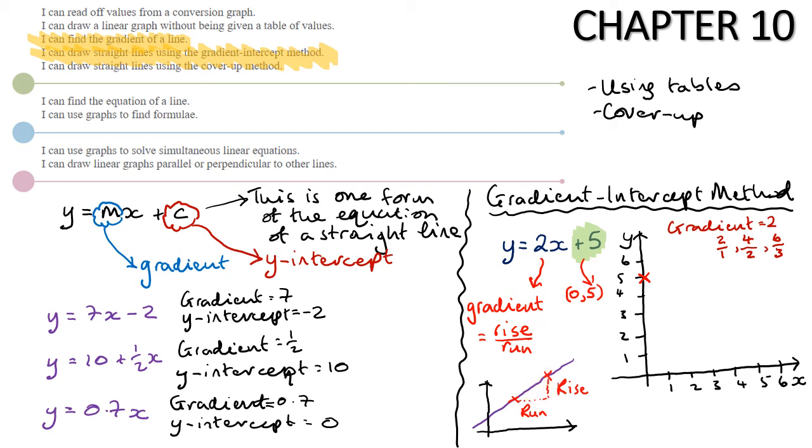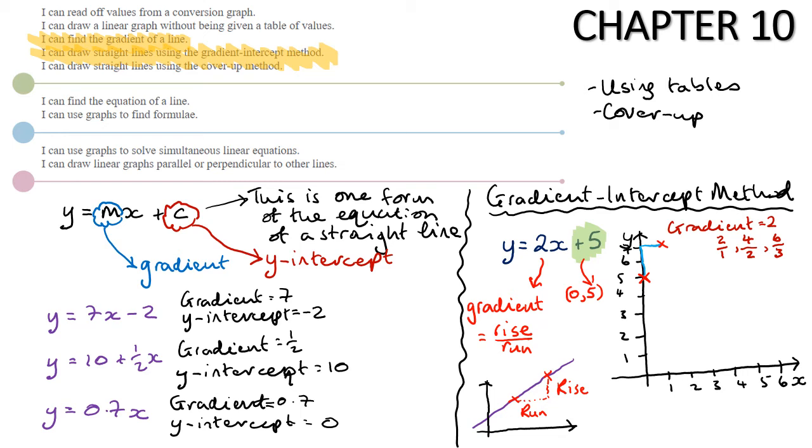That does mean I need to add another number here. So let's put 7 here. I'm just going to draw this in, but you'll probably take it out afterwards. You wouldn't really draw this. So I'm going to go up 2 from here, 1, 2, and then across 1 to here, and then put that cross in. Okay, and then I join them up.